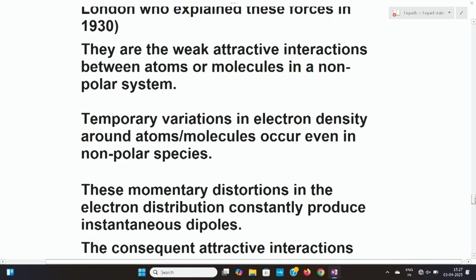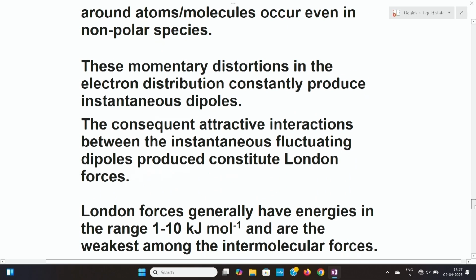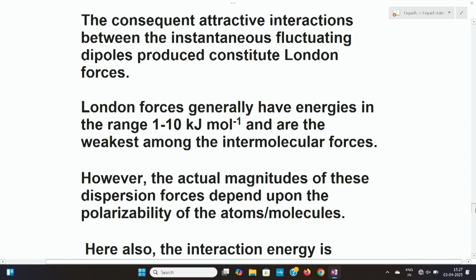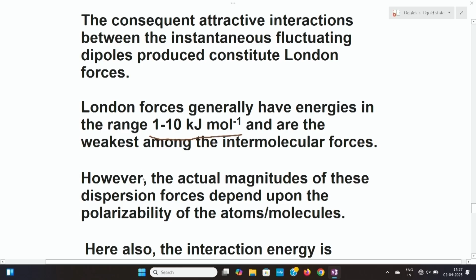Among these three, induced dipole and induced dipole forces are the weakest attractive forces in liquids. The energy in the case of induced dipole and induced dipole forces is in the range of 1 to 10 kilojoule per mole, the weakest among the intermolecular forces.